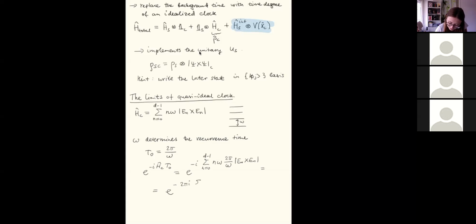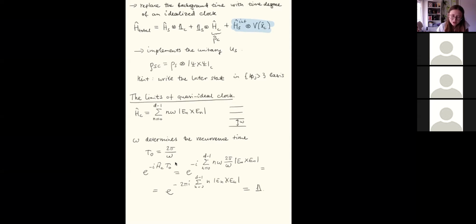And this gives us a diagonal matrix with all diagonal entries equaling 1. So this is just the identity operator. This means that if we evolve the system for time T0, it just comes back to its initial state. So that's why it's a recurrence time.